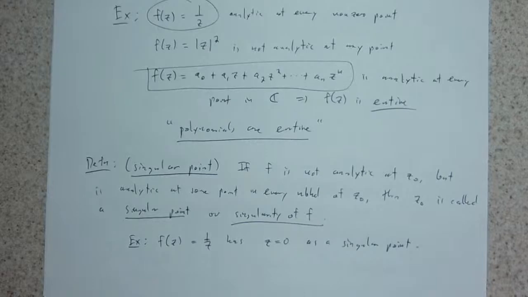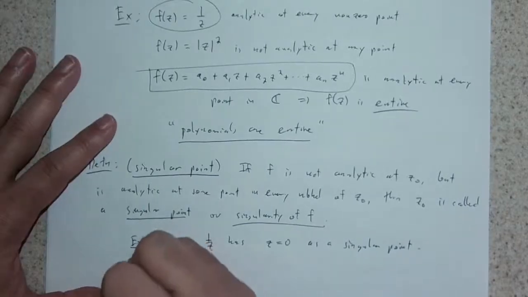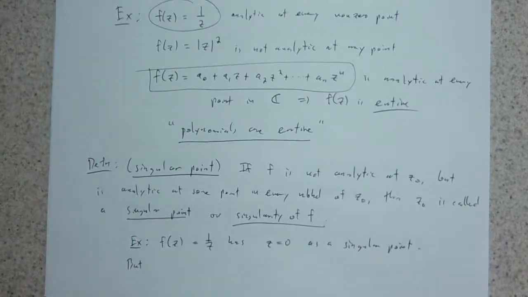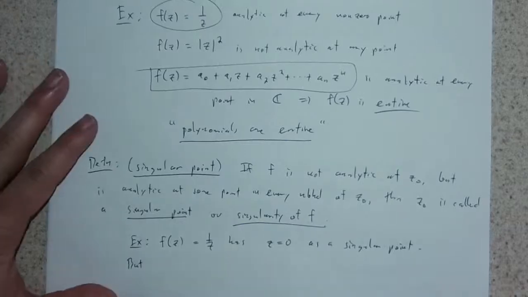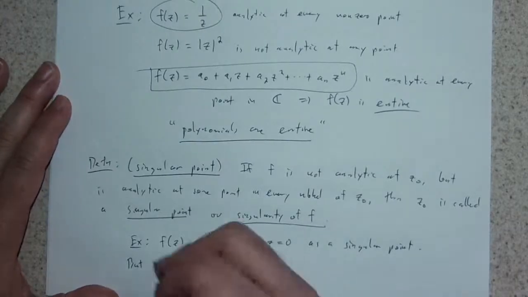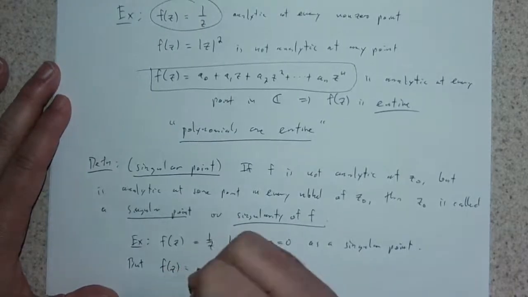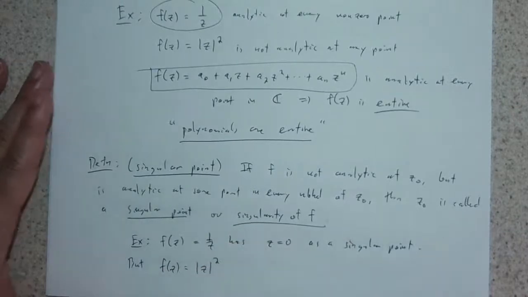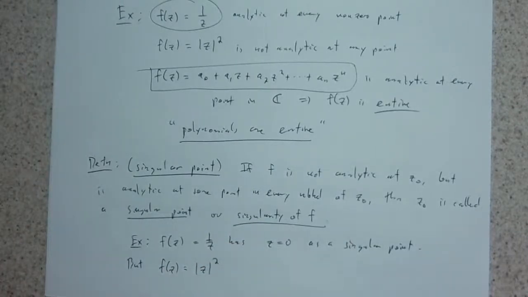All right. But be careful not to use singular point as a synonym for a point where the function has a derivative that's not defined, because that's not really what's going on here. An example of that is the function modulus of z squared. What do I get here?